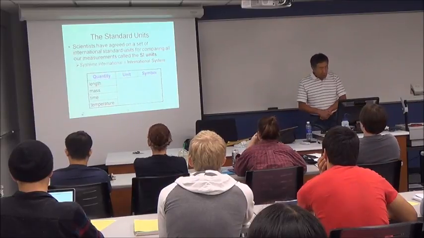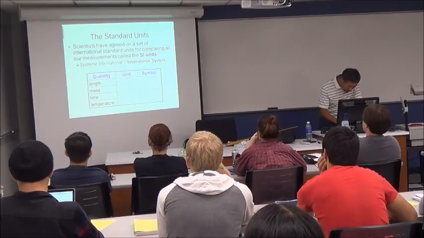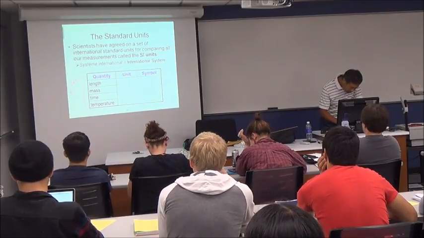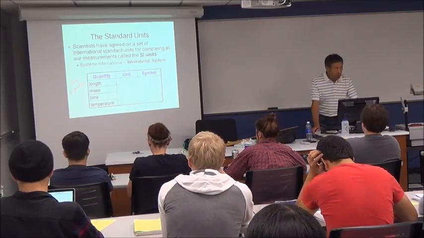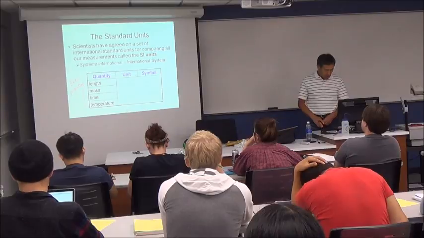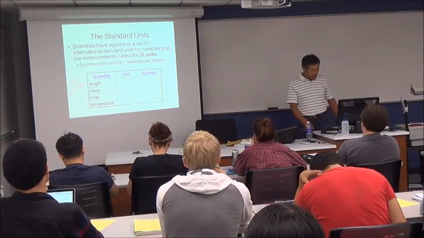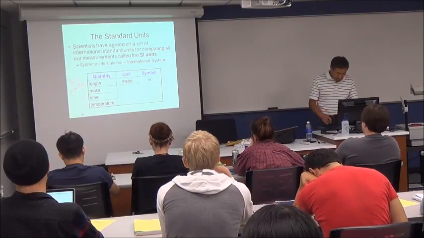Right. So we have some of those. These few are sort of the basic. Those are the basic properties. Length, mass, time, and temperature. Okay? So we need those in the science class.